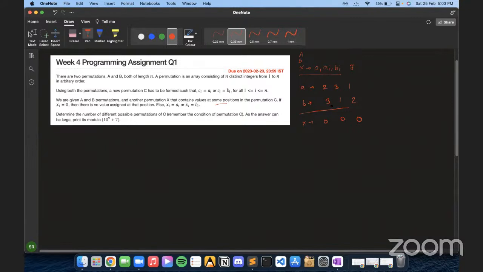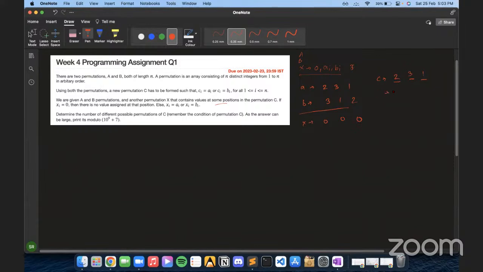Now let's assume that for the first position we take the first element of A, that is 2, reconstructing C. If we have taken 2 at the first position, then for the third position we cannot take 2. So for the third position we'll take 1, because all the integers in a permutation should be distinct, and finally only one element is left, that is 3.